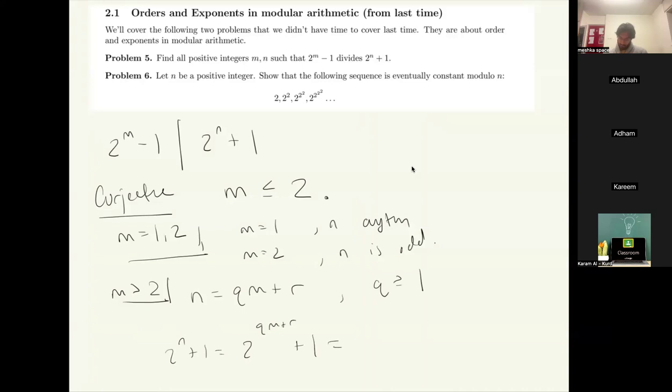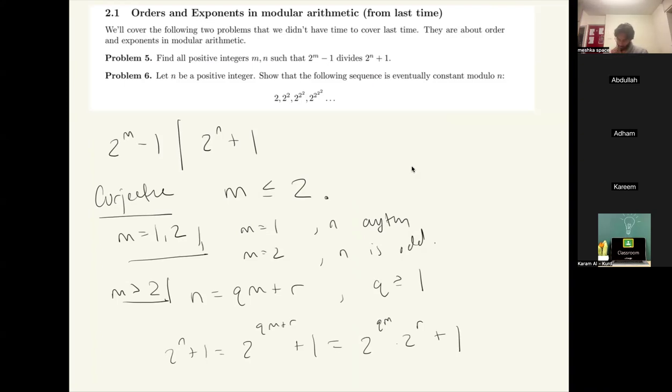After that, I split it into 2 to the qm multiplied by 2 to the r, plus 1. And since my claim was that it cannot be congruent to 0, I started by subtracting 1 and 2 to the power of r, and I got 2 to the r multiplied by 2 to the qm minus 1.